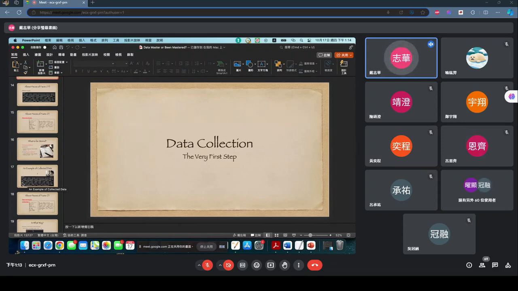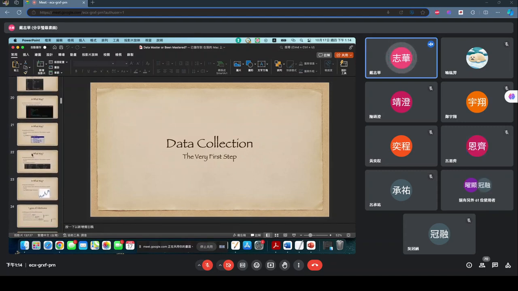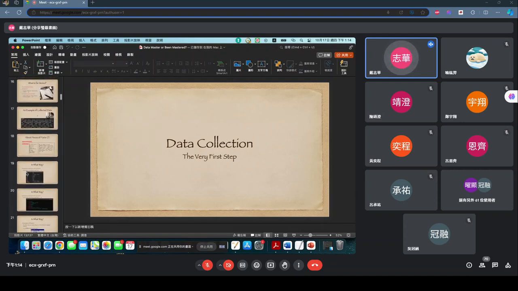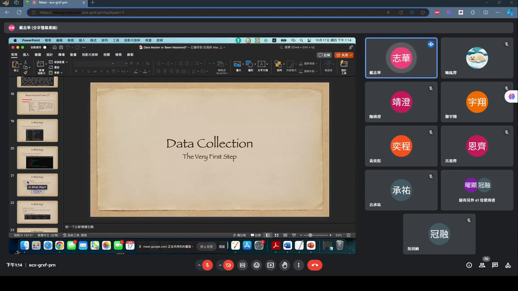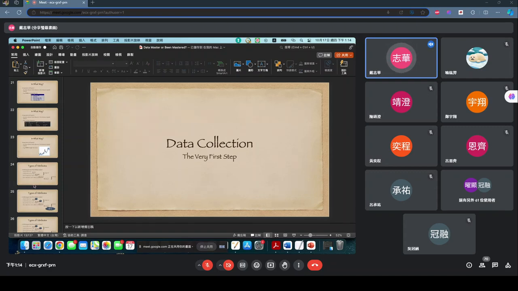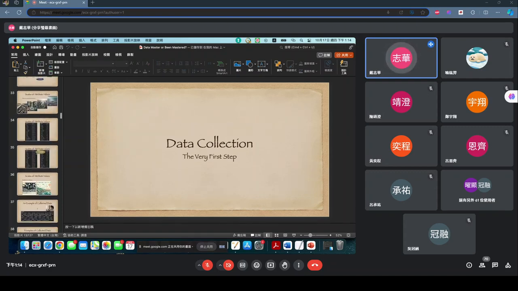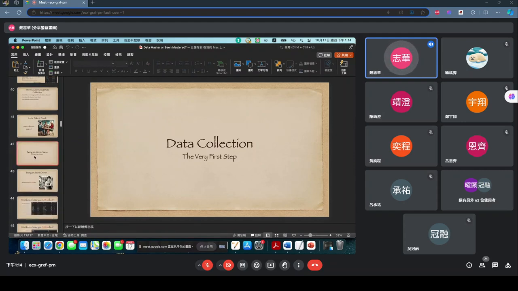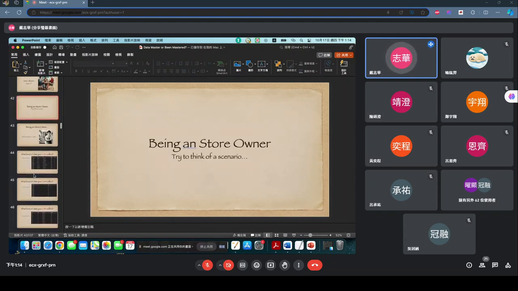So we need to deal with the data carefully. We need to pay attention to the data attributes, the attribute type, the characteristics of data distribution, and so on and so on.